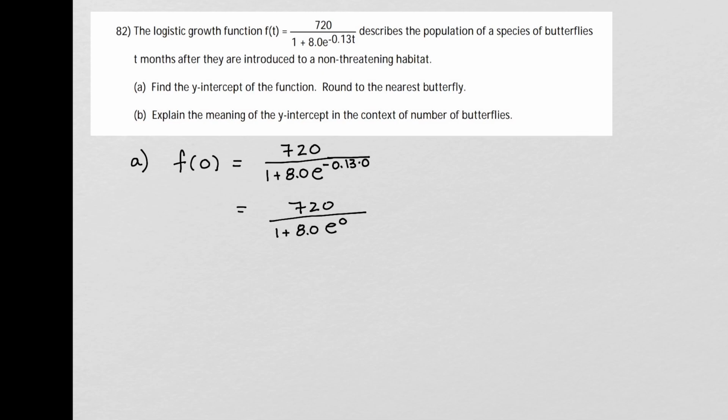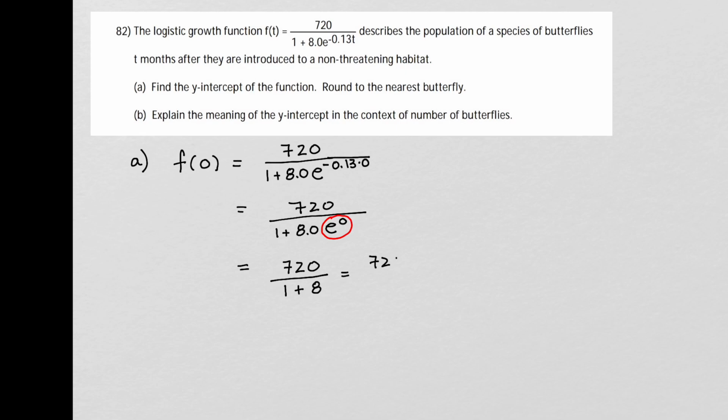So now we have e to the power of 0, and that is equal to 1 because anything to the 0 power is 1. So this gives me 720 over 1 plus 8.0 is just 8 times the 1 from the e to the 0 is still 8.